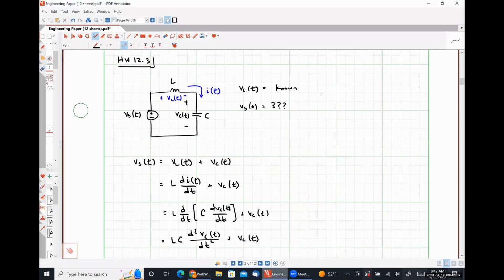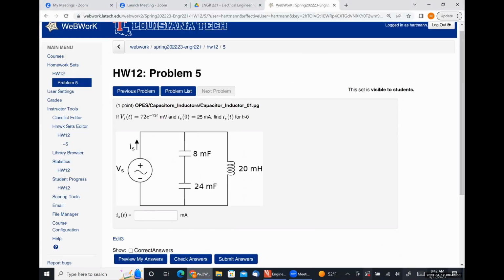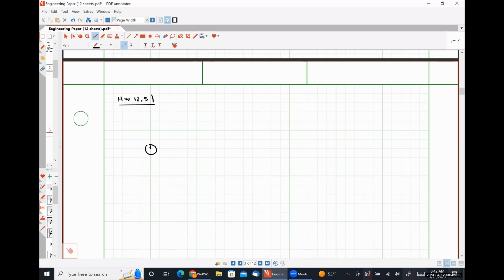So effectively, our circuit is, I think this is a voltage source, yeah. Here's Vs of t. Here's C. Here's L.